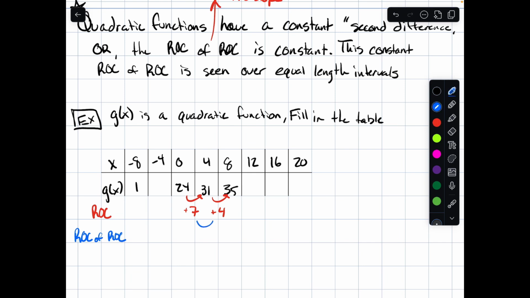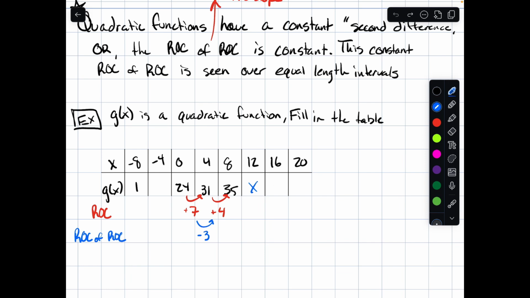Now, what the quadratic will tell us is the difference between 7 and 4, the rate of change of the rate of change. How do I get from 7 to 4? I go down 3.